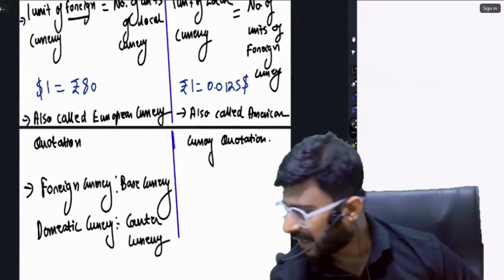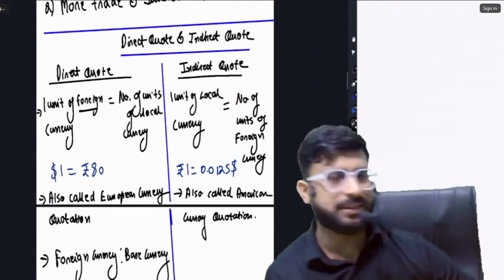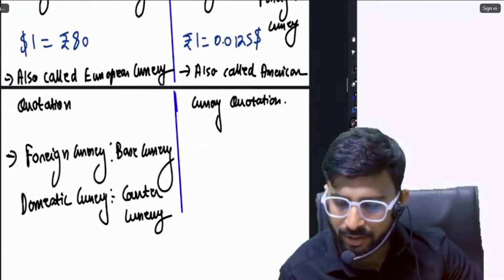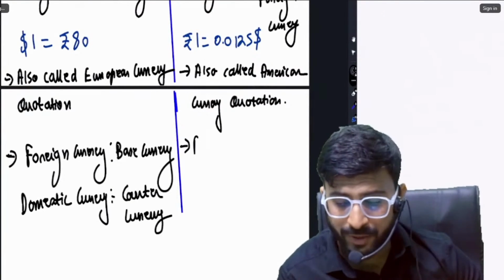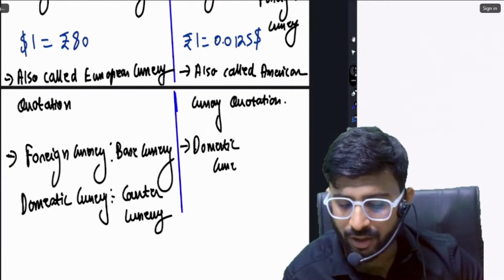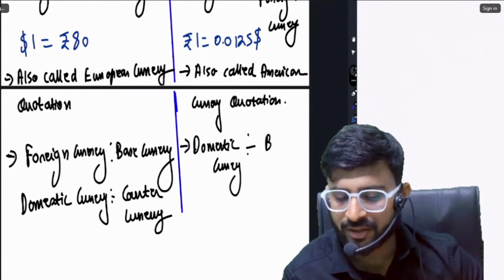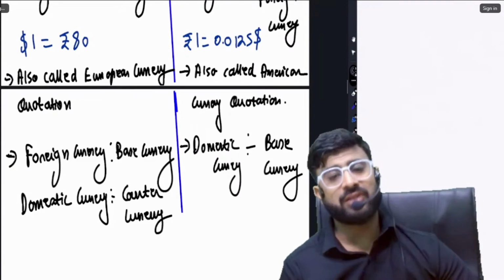Karthik is telling, sir, ultimately no difference, just a way of writing. Yes, you are correct, dear. Now, friends, if I write it the other way, then domestic currency is the base currency.